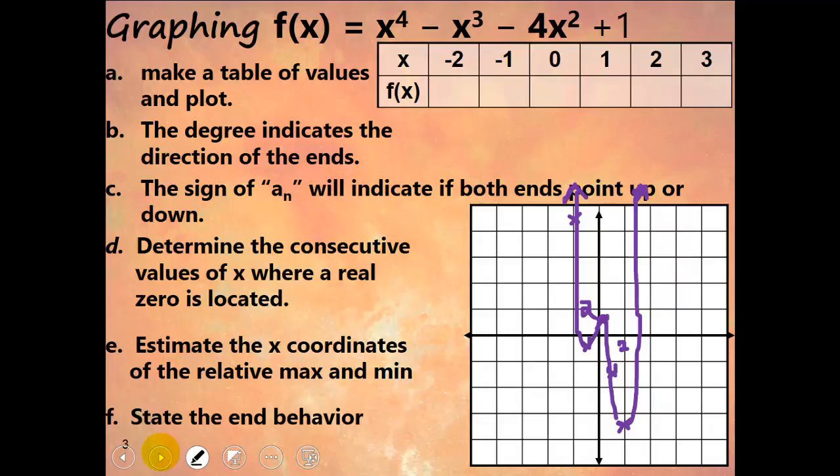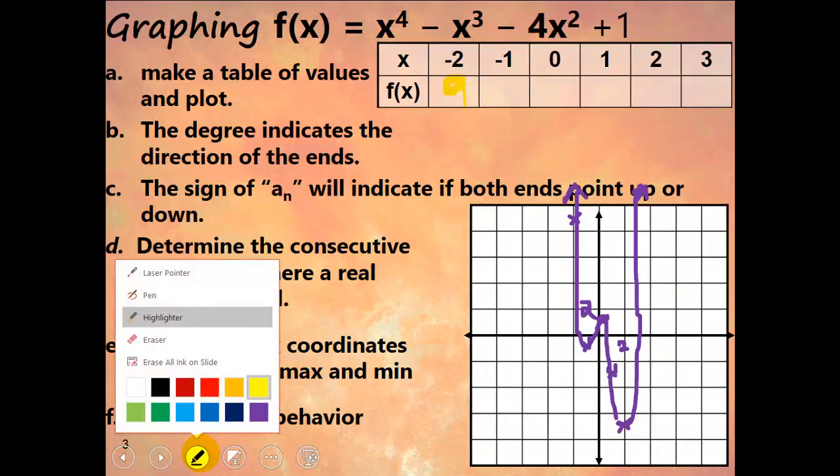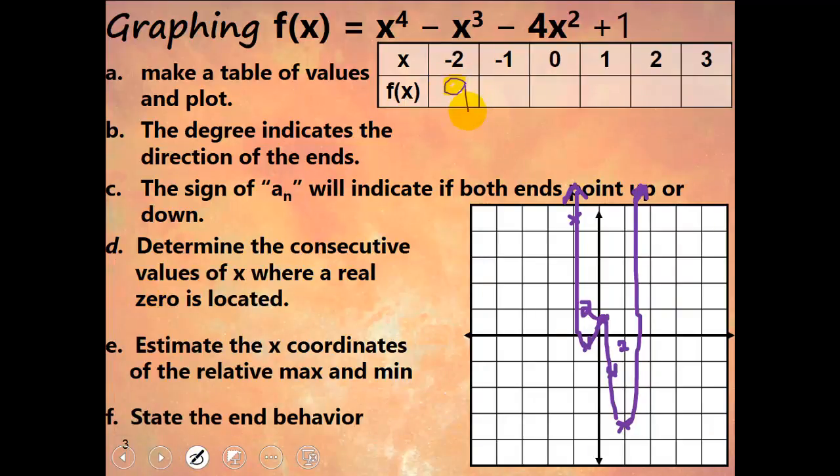When I calculated these x values, I got 9, negative 1. When I plugged in a 0, I got 1. When I plugged in a 1, I got negative 3. When I plugged in a 2, I got negative 7. And when I plugged in a 3, I bounced all the way up to 19.